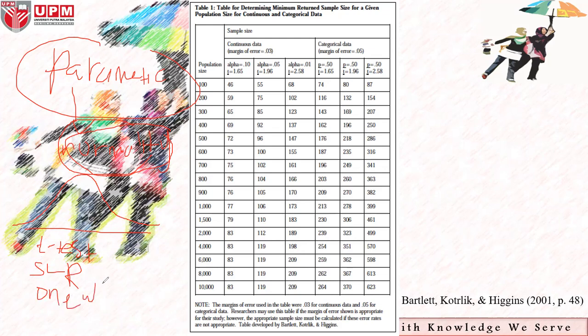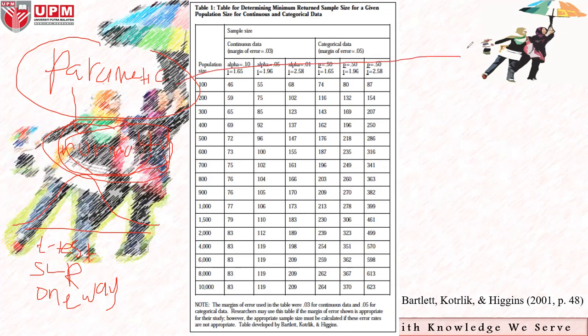Example je, jangan pening, jangan stres. So parametrik ini adalah analisis bila kita nak pakai, kita mesti fulfill data normality. Saya tak nak peningkan kat sini, sebab bukan interest kat sini.